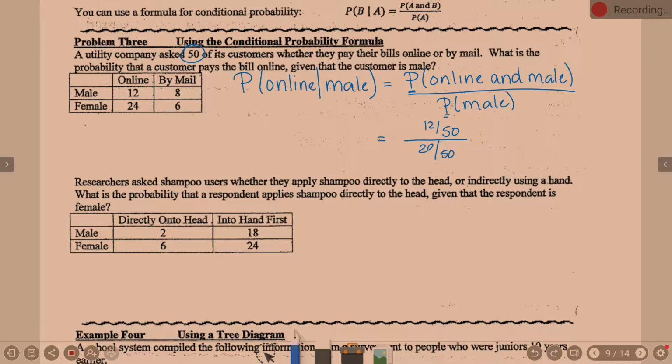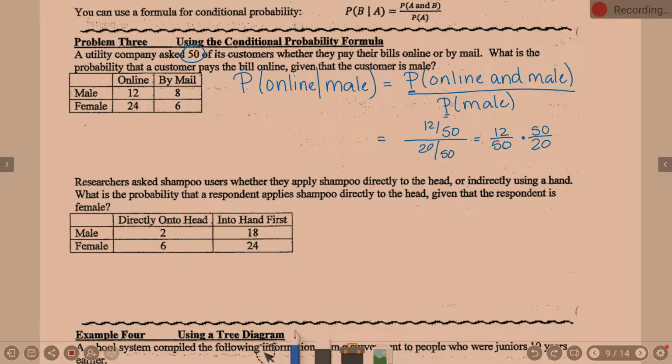Now, just follow me for a moment, okay? How do we divide fractions by fractions? You get rid of it. How do I divide fractions? I don't know that I've heard it yet. Oh, you multiply. Keep change flip, multiply by the reciprocal. Yes? So 12 50ths divided by 20 50ths is really saying 12 50ths times, what's the reciprocal? 50 20ths.